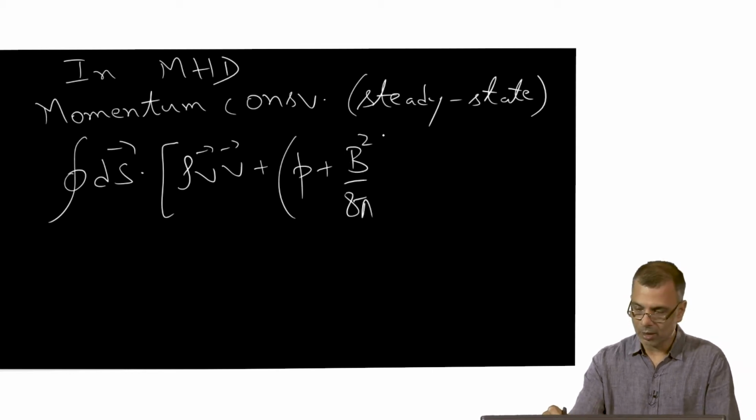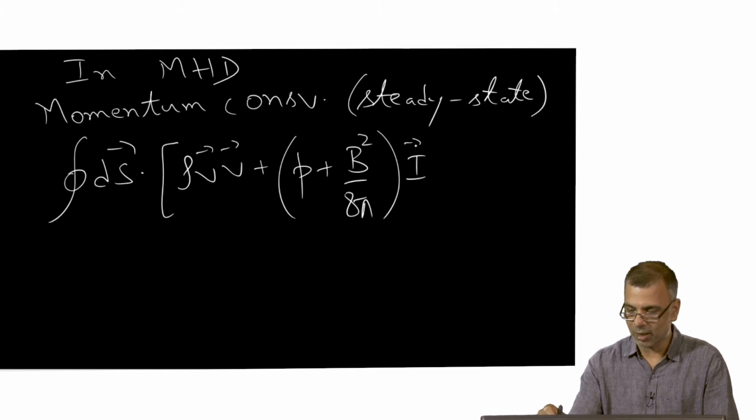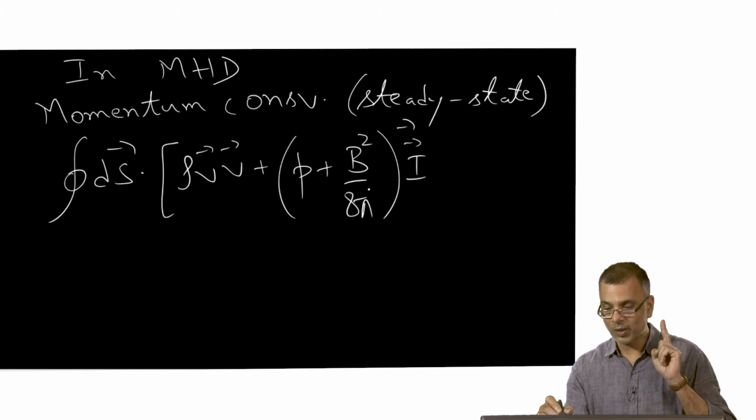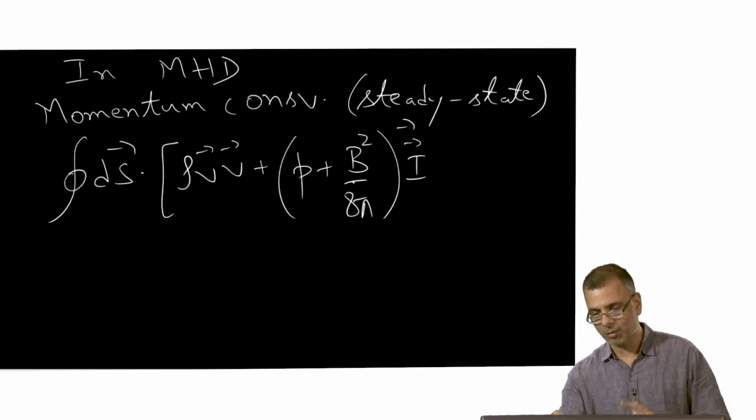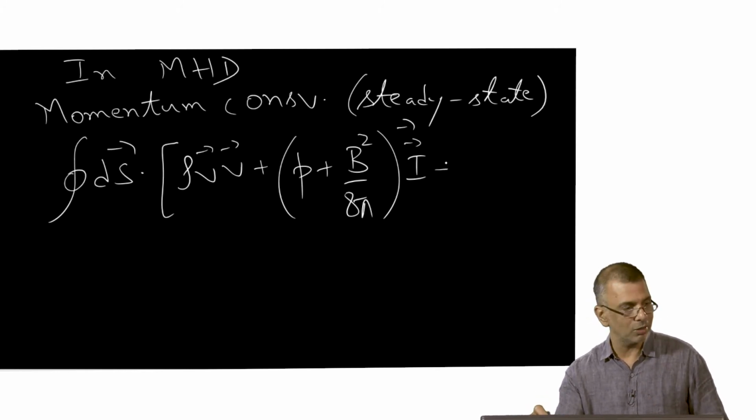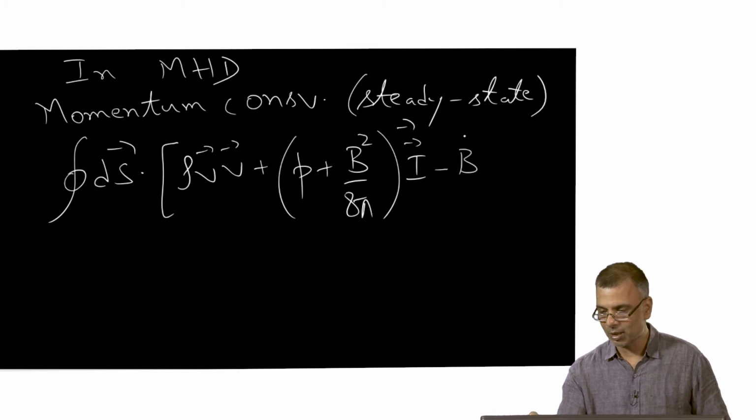This is the dyadic, so this is the same. Now you added magnetic pressure, but there is one more thing: in addition to that, you have the magnetic tension with a negative sign here, where this is an outer product.